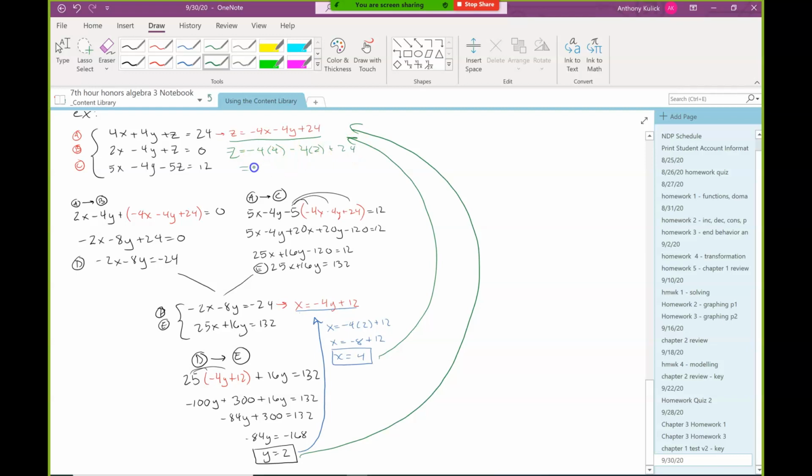So that's going to be negative 16 minus 8 plus 24, which is equal to 0. So my answer then is always in alphabetical order, x, y, z.